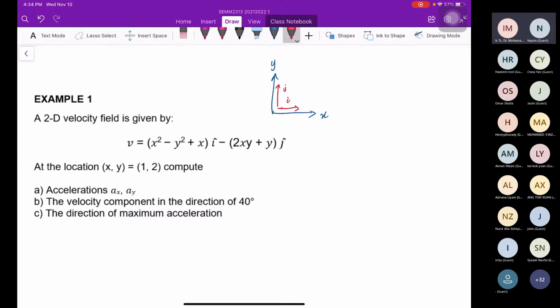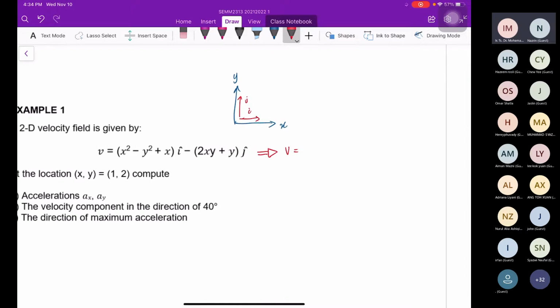Alright. So from here, we can directly compare V equal to what? I refers to the direction vector, direction in X and Y. Definitely this is the magnitude.